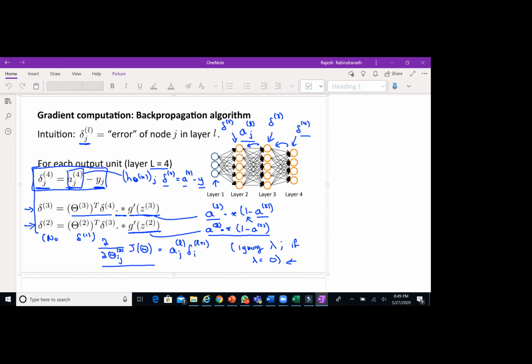For example, g prime of theta: when theta changes by an infinitesimally small amount, what would be the change of z3? So when theta changes a little bit, how is z3 going to change?